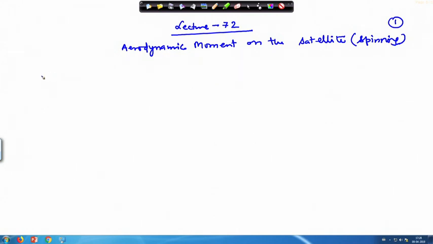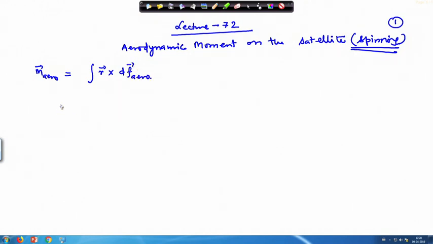The torque acting, M arrow, I have already written here once the satellite is spinning. M arrow will be written as r cross dF arrow.